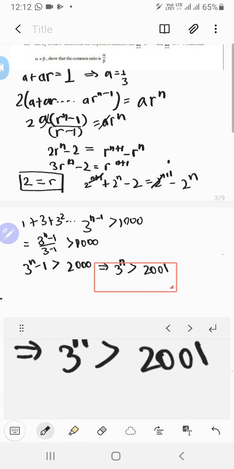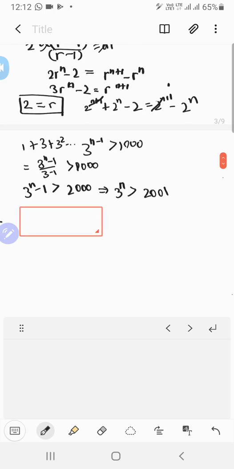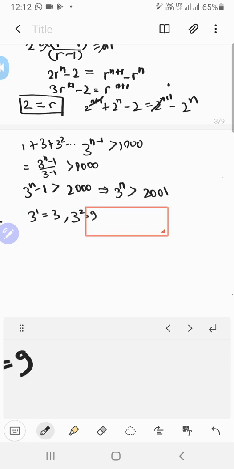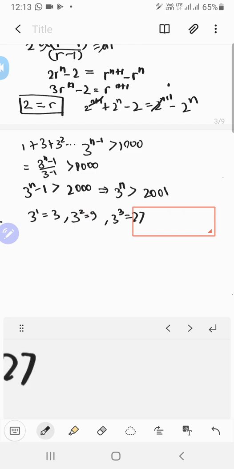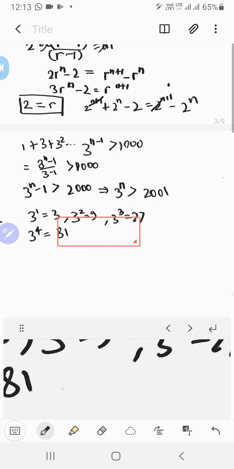Okay, so you want to find some power of 3 which is greater than 2001. Let's start writing the powers of 3. So 3 to the 1 is 3, 3 to the 2 is 9, 3 to the 3 is 27, 3 to the 4 is 81, then skip to 3 to the 6 now, 729.